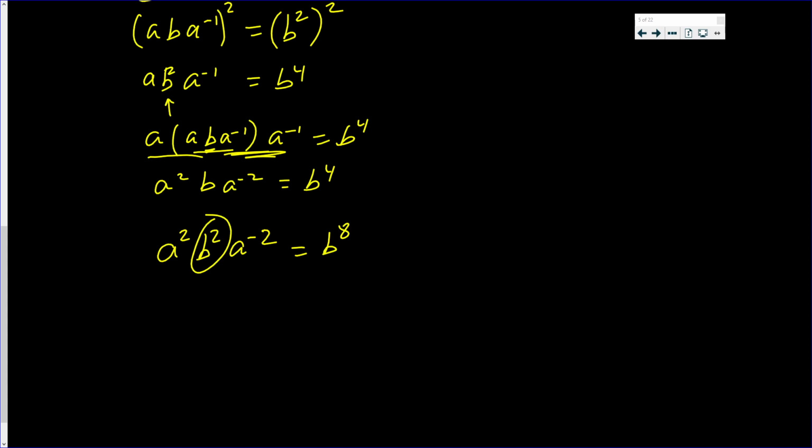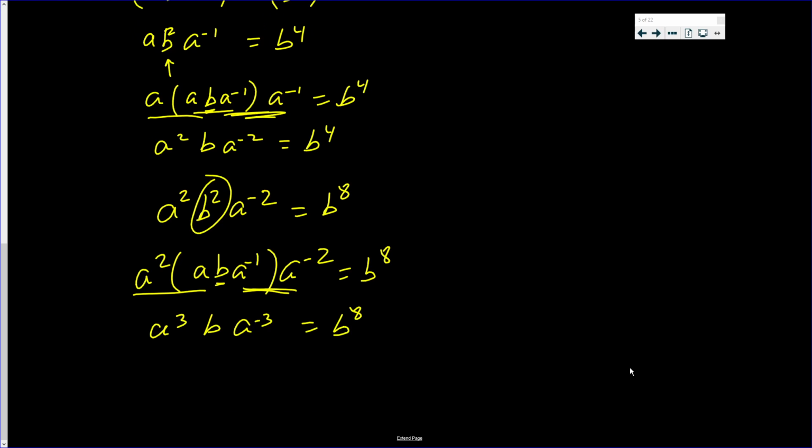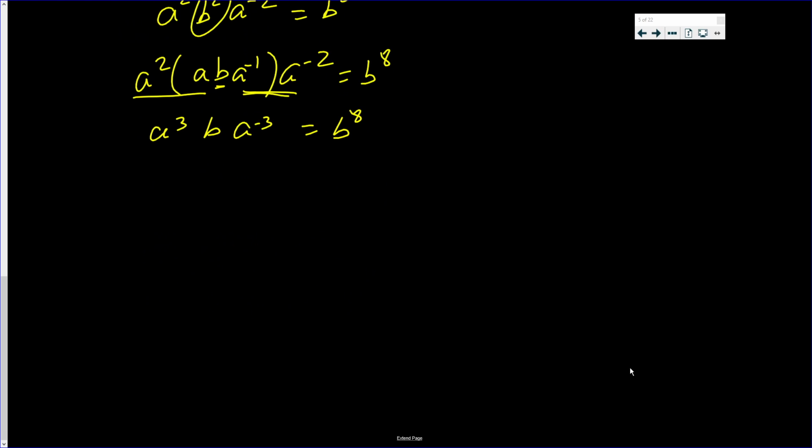Now play the same game. I will replace b squared with a b a inverse, and I will get a cubed times b times a to the negative 3, and this is b to the 8. I will square both sides once again.